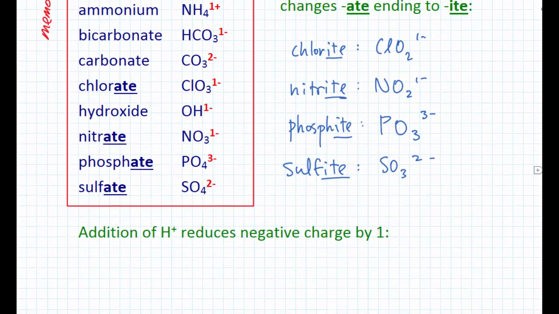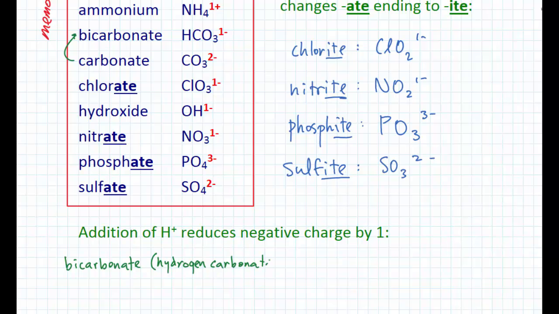So, what else? Addition of H reduces the negative charge by 1. Got one example of that up on here with carbonate and bicarbonate. Bicarbonate is sometimes called hydrogen carbonate for that exact reason, but it's HCO3 single minus.